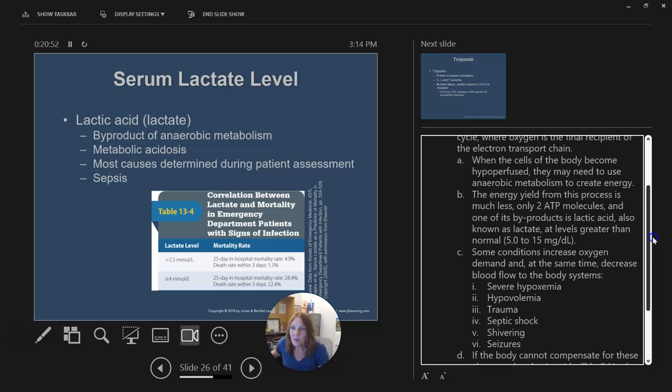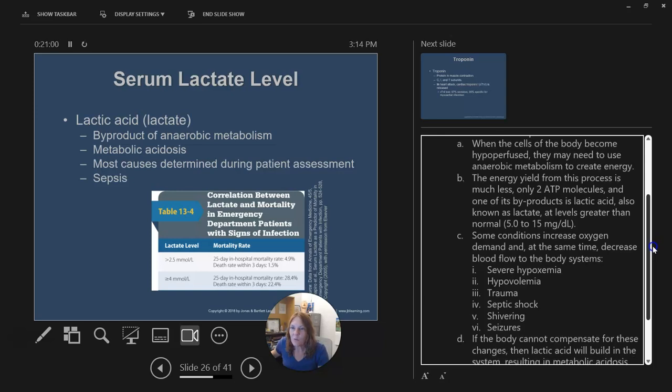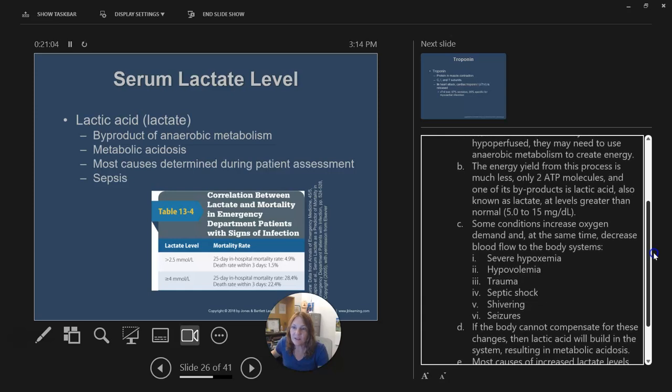The energy yield from this process is much less, only 2 ATP, we're going back to chemistry here, and one of its byproducts is lactic acid, also known as lactate.